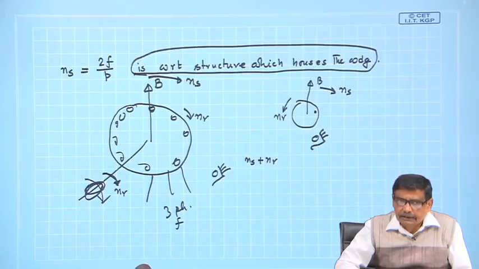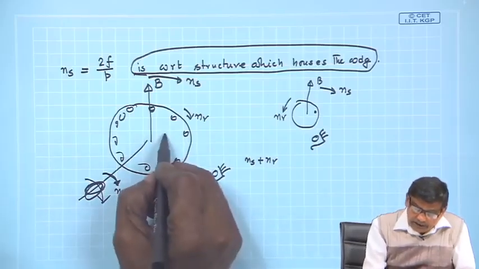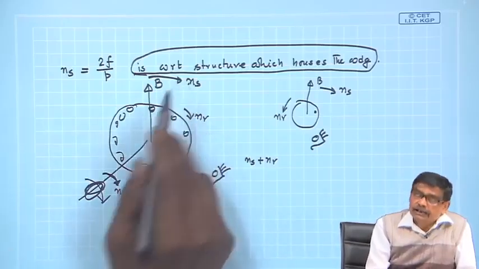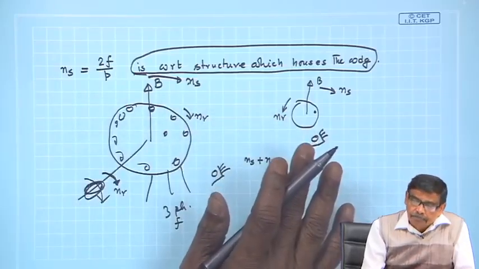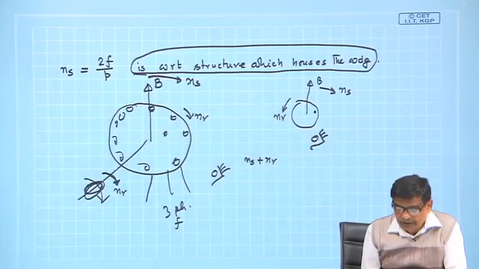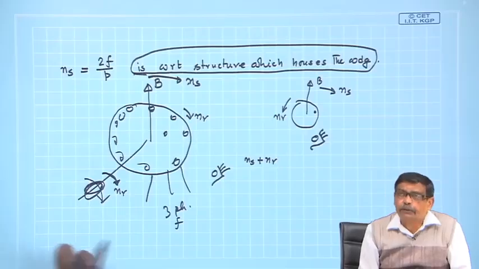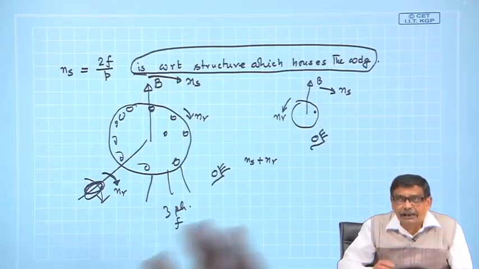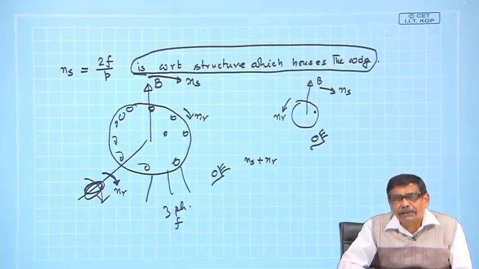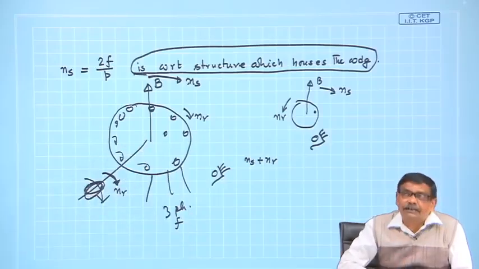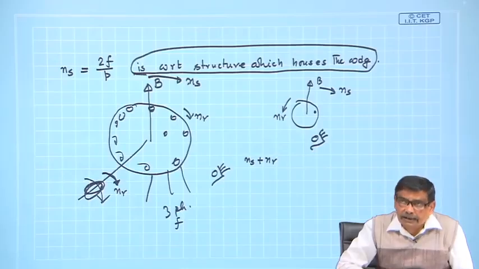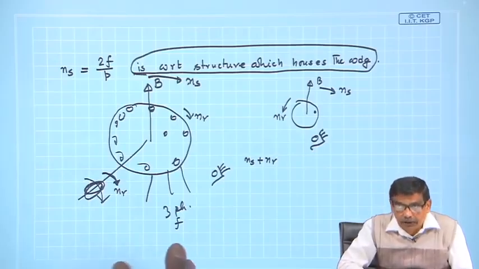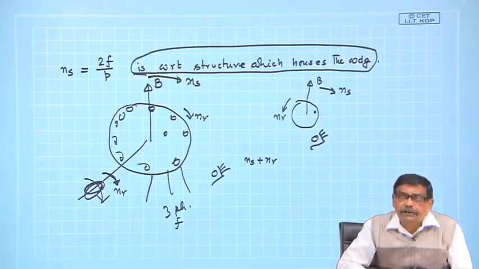Somebody sitting on this rotor will always say, okay, it is moving with Ns, that is fine, absolutely. But an outside observer standing on the ground, suppose let us imagine he can see the lines of force, then he will conclude that that field is moving with Ns plus Nr or Ns minus Nr, depending upon whether the rotor itself is moving in the same direction or not.